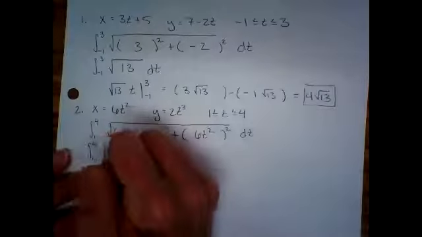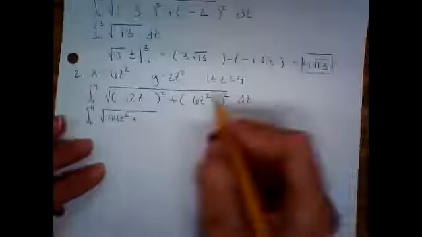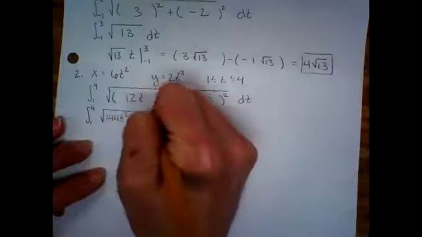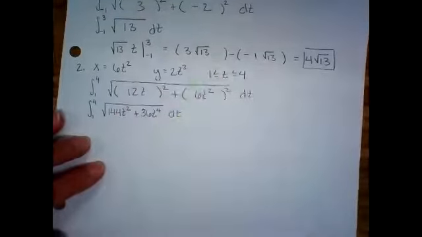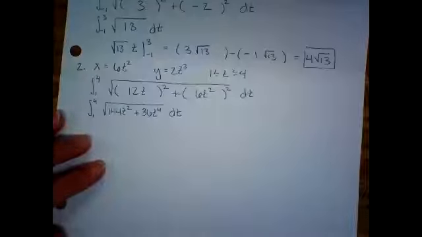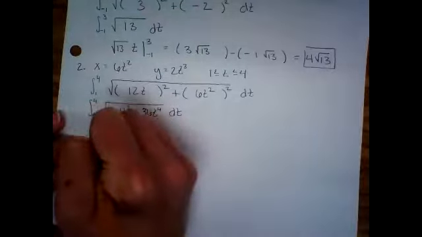Good, 144t squared plus 36t to the 4th. Good. Those aren't like terms, so we can't put them together. Any thoughts on where you'd want to head with this next? What do you want to try? Before we can square root anything, good, let's go ahead and factor out.